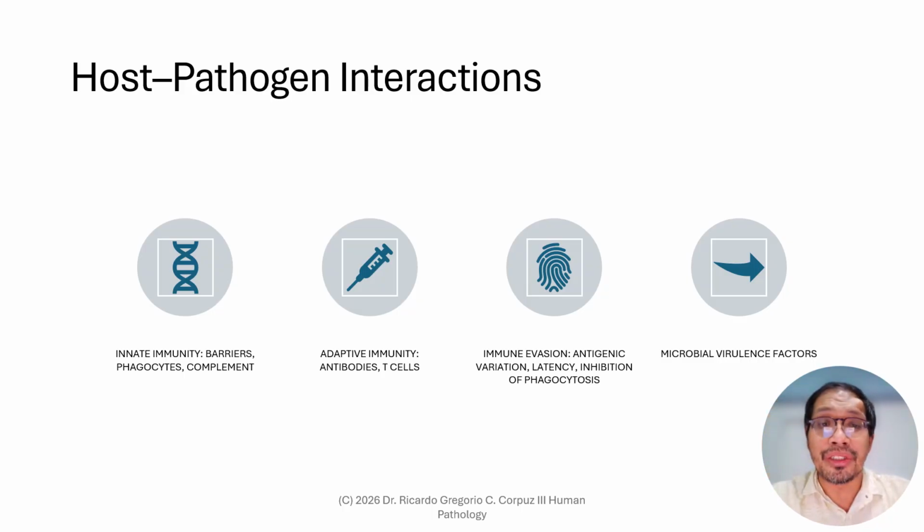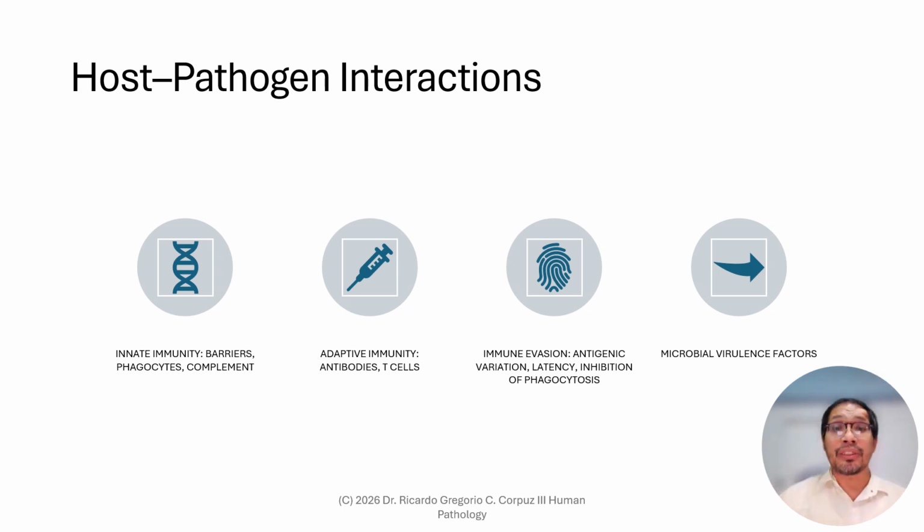Immune evasion: how pathogens outsmart the host. Pathogens evolve sophisticated strategies to survive despite immune pressure. Antigenic variation, changing surface proteins: influenza, HIV, trypanosomes. Latency, remaining dormant inside host cells, like herpes virus and TB.